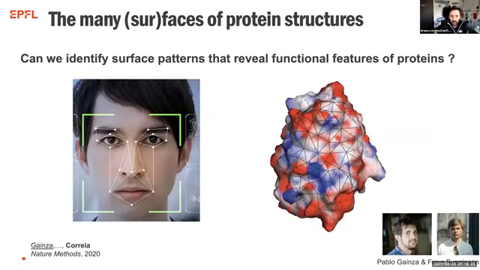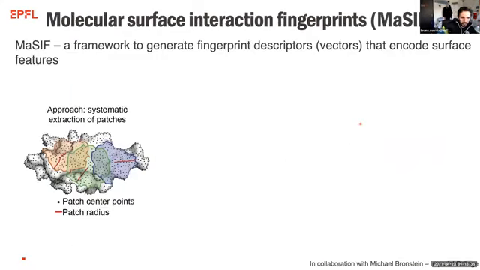Okay, so let's see. How did we use this for proteins? We started with three-dimensional structures of proteins, transformed those structures into meshes, and then segmented them into different patches, which you see here. So just the geodesic patches that I've shown you. You see the nodes of the different mesh structures that we have here, and then you also have an idea of that radius.